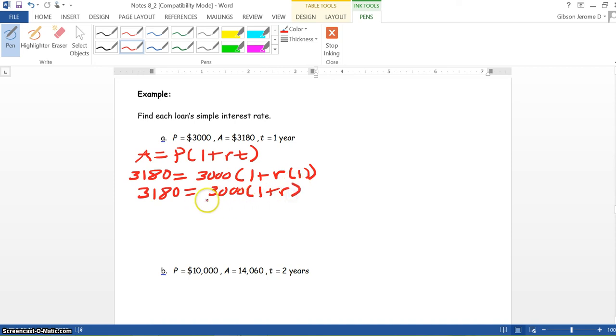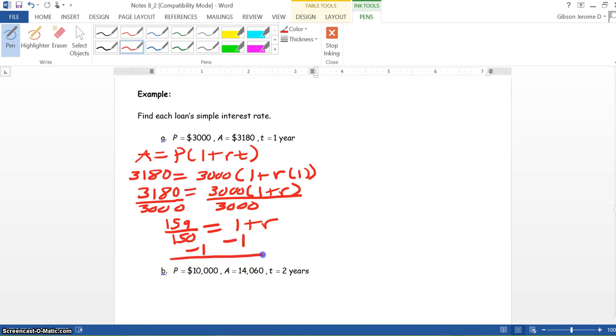Now our next step, we would divide each side by 3,000. And now we can simplify 3,180 and 3,000. We could divide both of these by 20, and that will give us 159 over 150. And that equals, these 3,000 simplify out, and we'll be left with 1 plus R. Now again, we want to get R by itself, so we would need to subtract 1 on both sides.